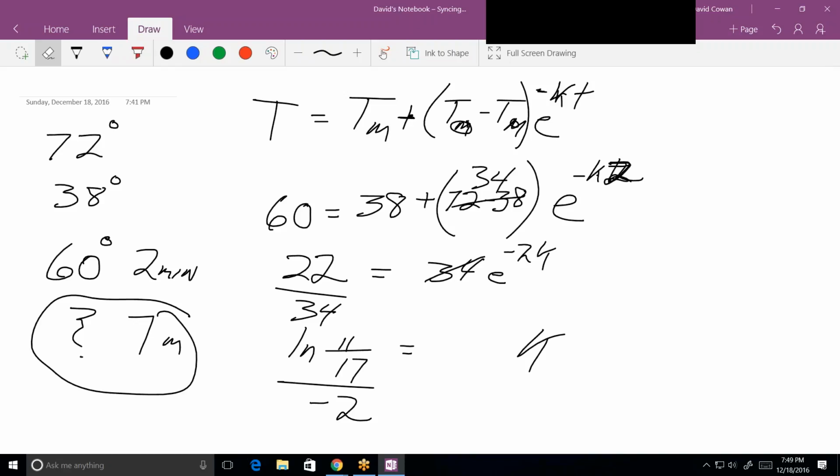I mean, if I didn't use it at all, this would be 2k. Oh yeah, I would divide by positive 2 instead of a negative 2. Gives me the same k. The only difference between the 2 and the negative 2 is k will be the same number, only with a negative sign on it.